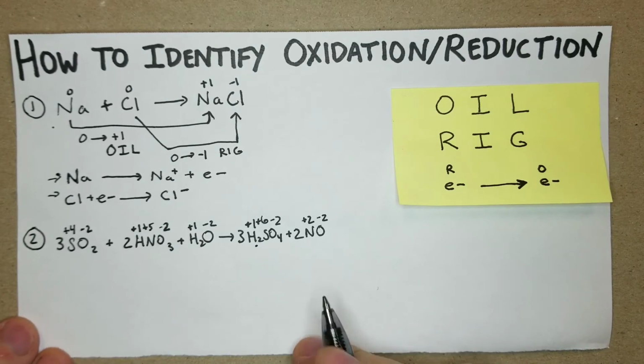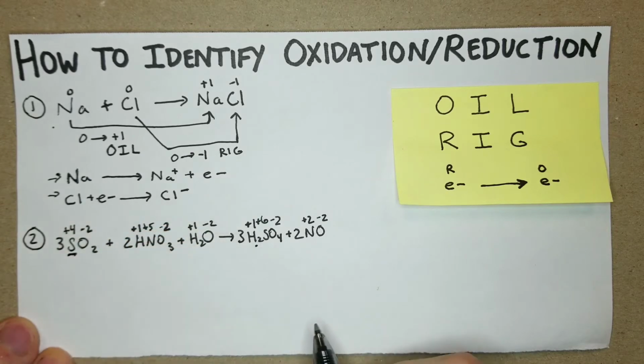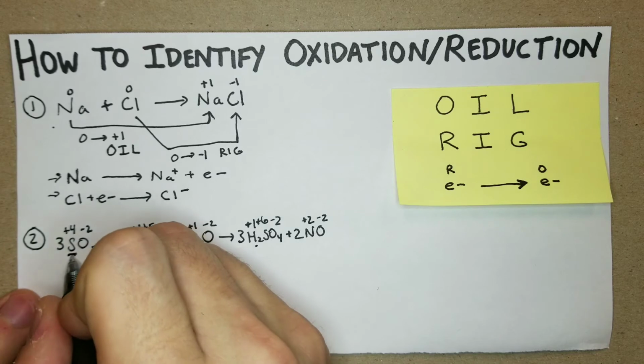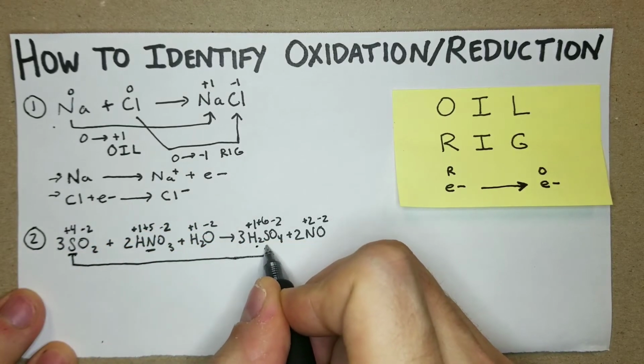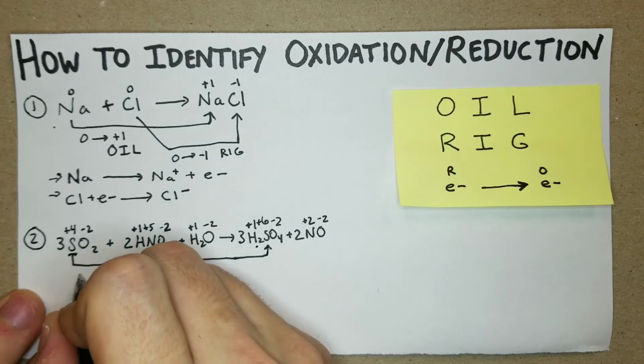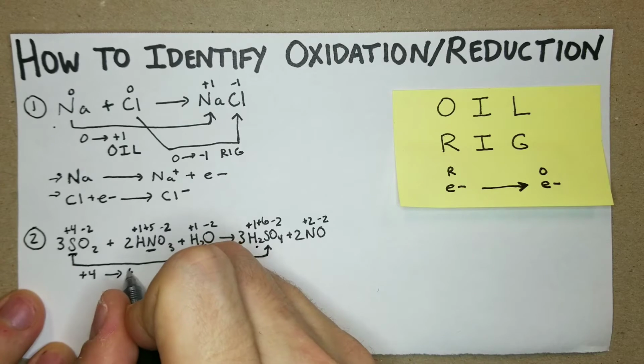So now, what are we looking for? We're going to look for the S and the N. We will compare these. So the S goes here. It goes from a +4 to a +6.